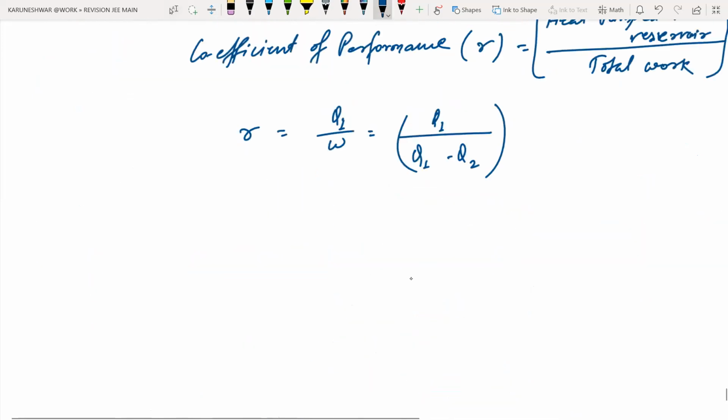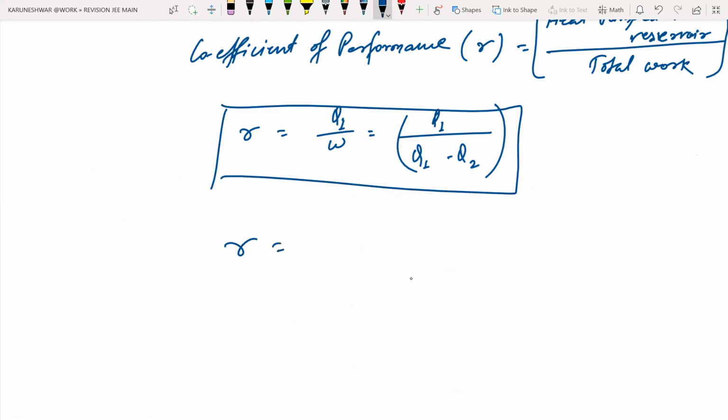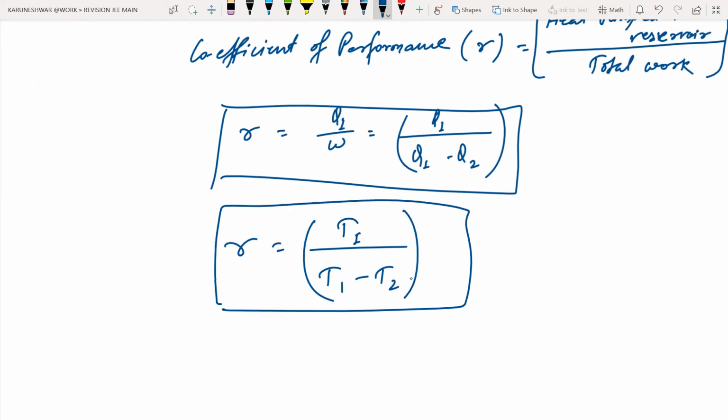And on the basis of temperature, you can write the R value as T1 divided by T1 minus T2. And you can write it in terms of efficiency also. So this is one way to write, this is another way to write.